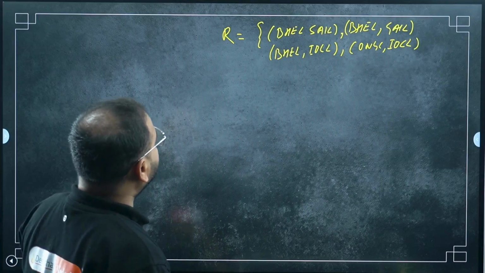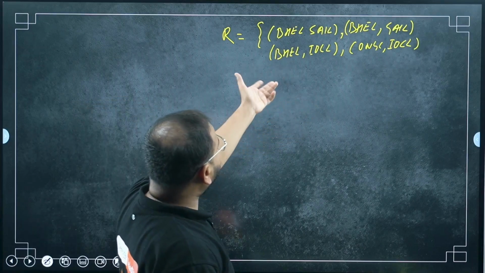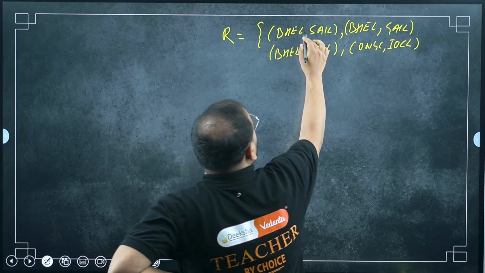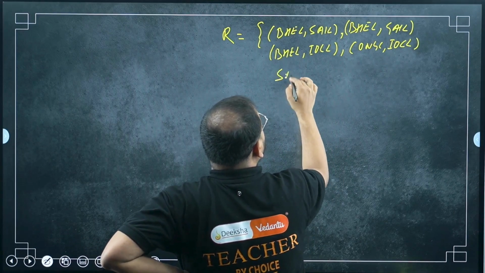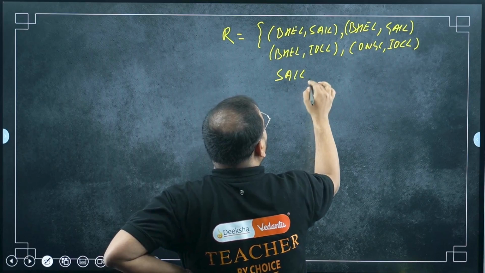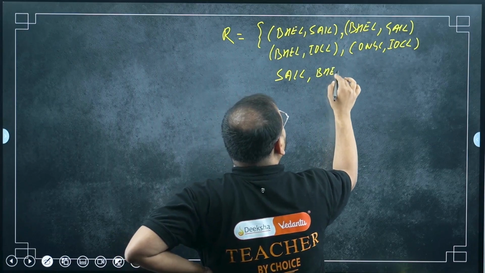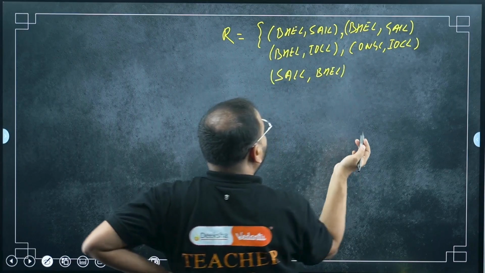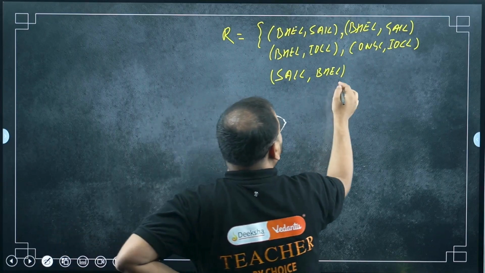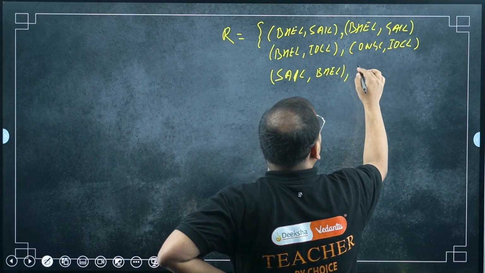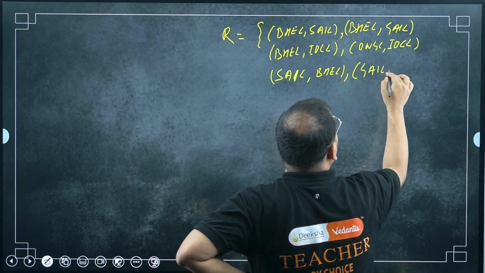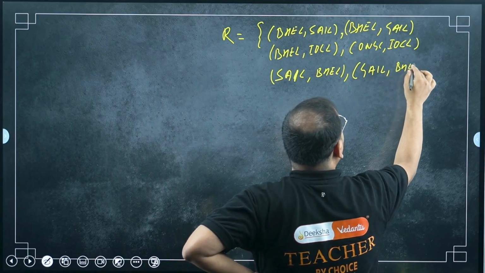But I can also write in the opposite way, because I can write SAIL first. So SAIL, comma BHEL will also be an element in R, because again they have only one letter common. Then GAIL, comma BHEL.